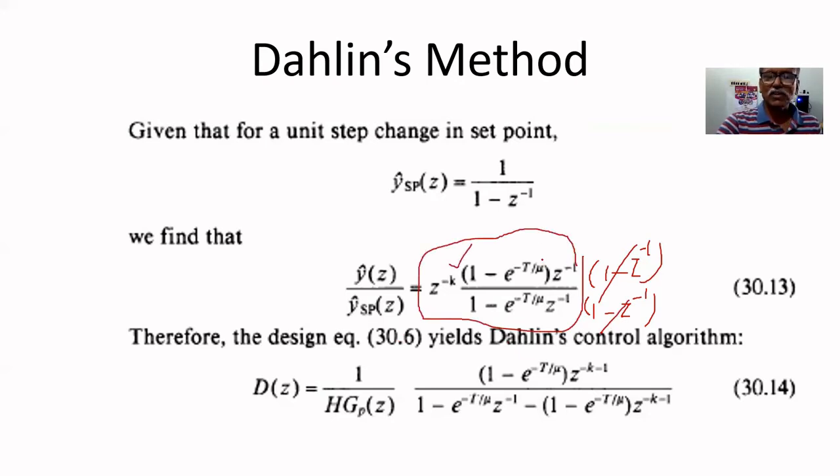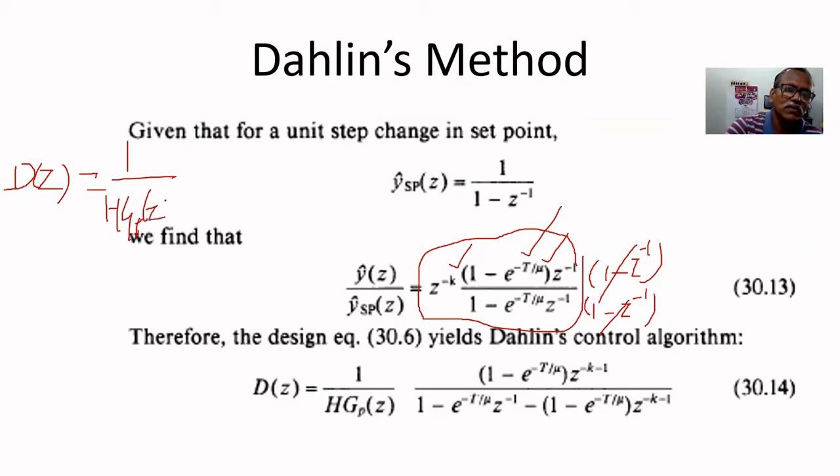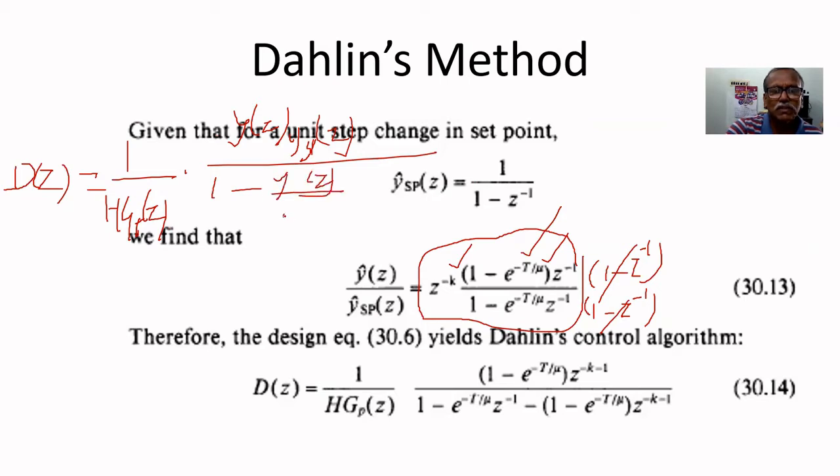Here k is unspecified, mu is unspecified, sampling period is unspecified. If you substitute this in a digital controller, what is a digital controller? D of z equal to 1 by HGP of z multiplied by y of z by y set point of z, whole divided by 1 minus y of z by y set point of z.